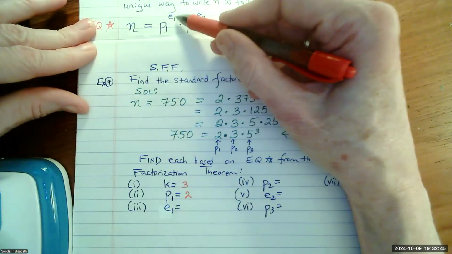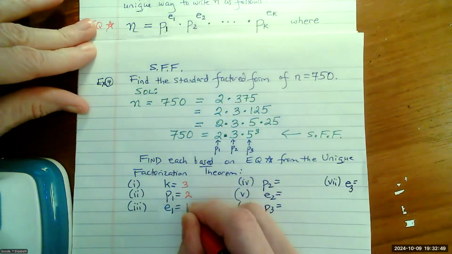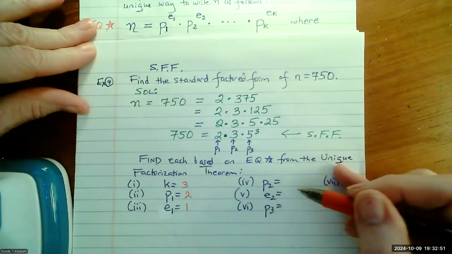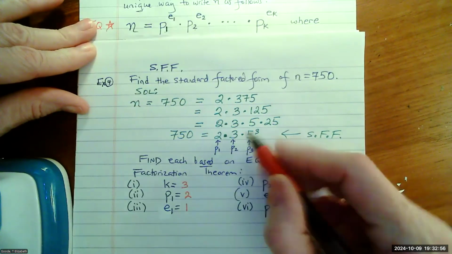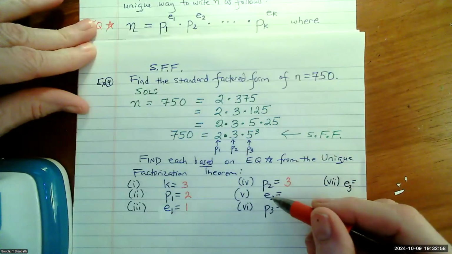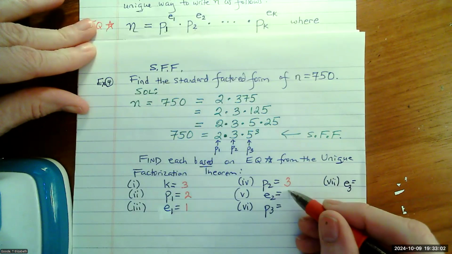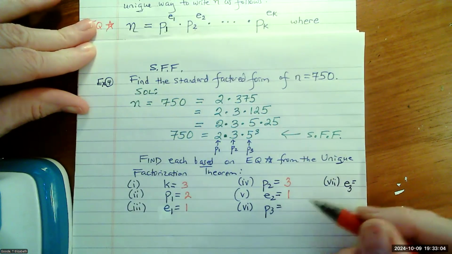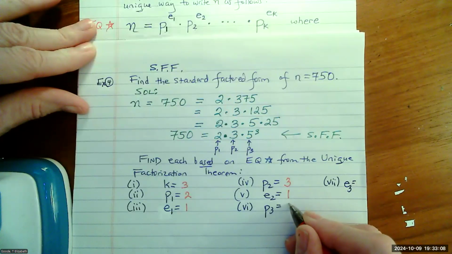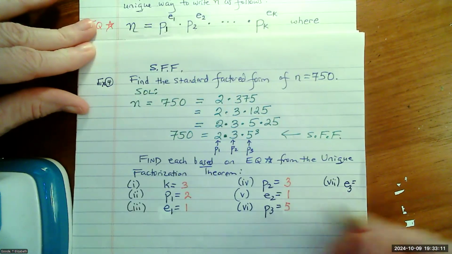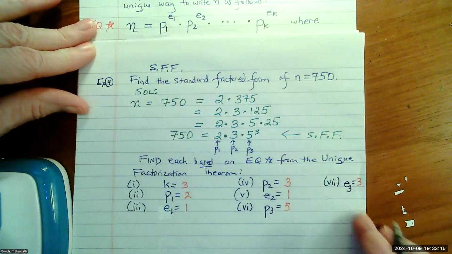What's the exponent that's on prime 1? One. Yep, good. What's P2? 3. Right, the second prime is 3. What is E2, the exponent on P2? One. Great. What's P3? Five. Of course. And then E3, of course, is 3.